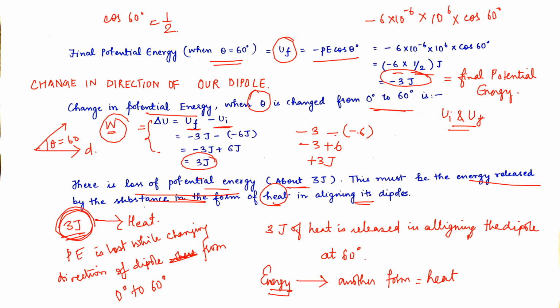If it is minus, the work is done on the system; when it is not minus, it implies the work is done by the system. So the system has done the work to make itself go from 0 to 60 degree, and whatever energy difference there is between the initial and the final is converted into heat.